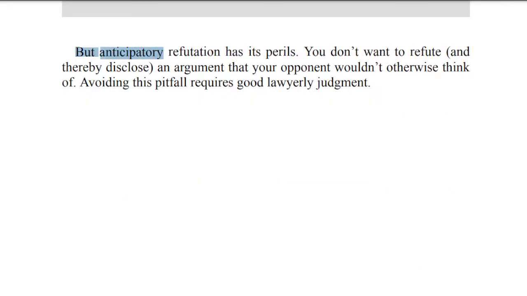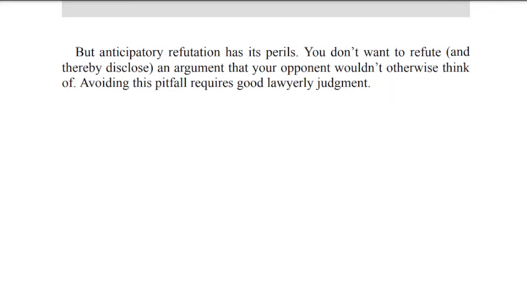But anticipatory refutation has its perils. You don't want to refute and thereby disclose an argument that your opponent wouldn't otherwise think of. Avoiding this pitfall requires good lawyerly judgment. So, again, hold your cards close to you.